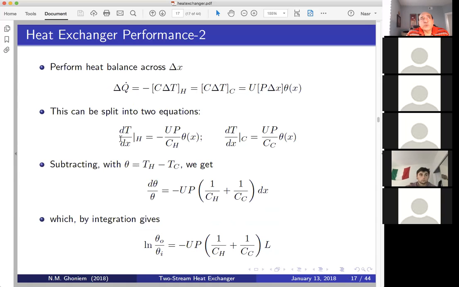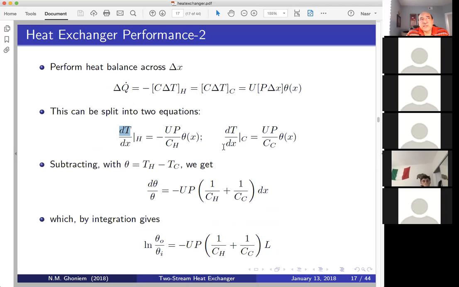So you see now too many symbols, T hot, theta, T cold, theta. We don't want to have too many symbols. So what we do, we recognize that theta is actually a difference between hot and cold. Therefore, if we subtract this from the hot, then that subtraction is going to give us d theta.